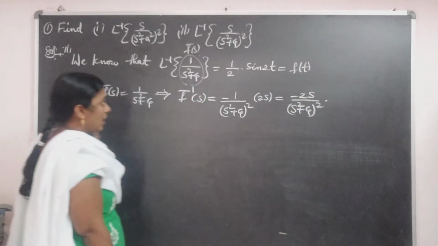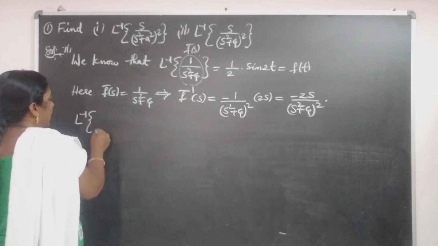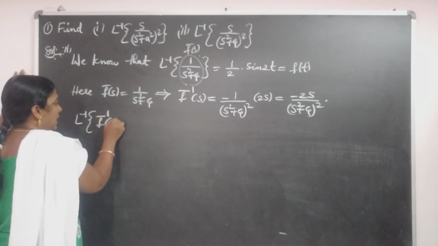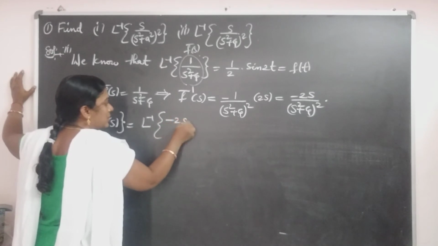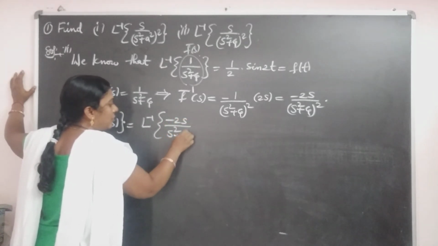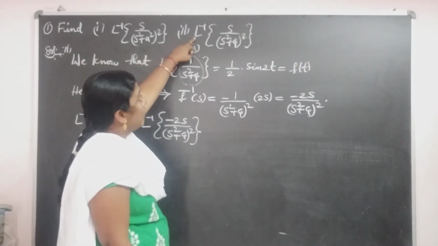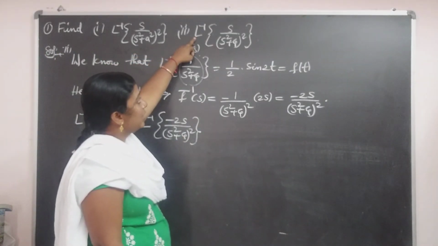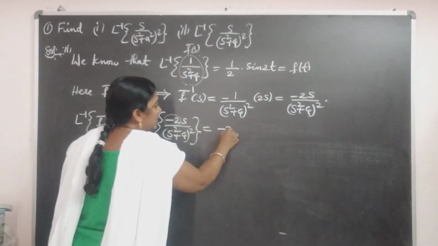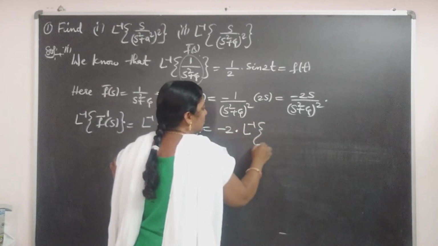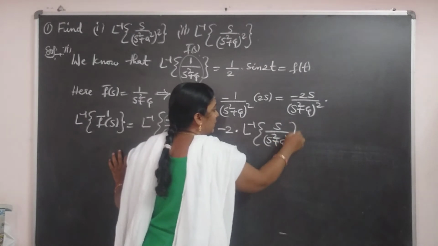By taking inverse Laplace transform on both sides, L inverse of f bar dash of s is equal to L inverse of -2s by (s^2 + 4) whole square. In the given problem, the value of L inverse of s by (s^2 + 4) whole square means this -2 comes outside, -2 into L inverse of s by (s^2 + 4) whole square.